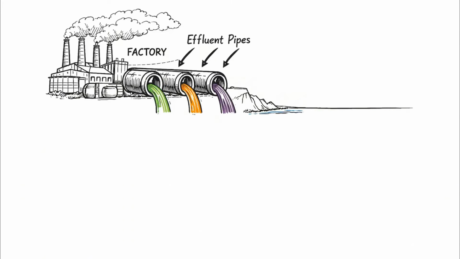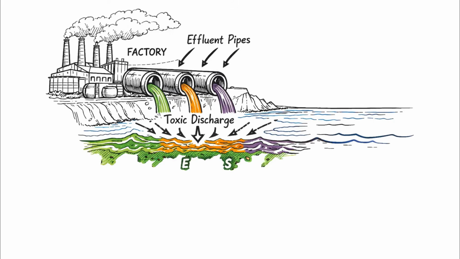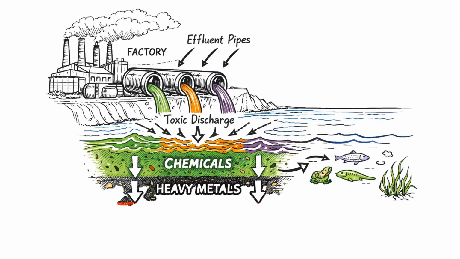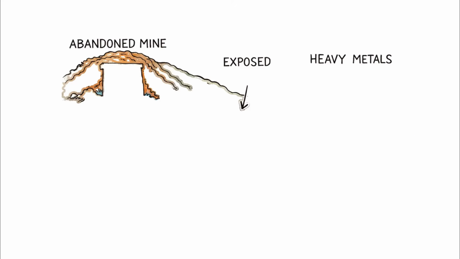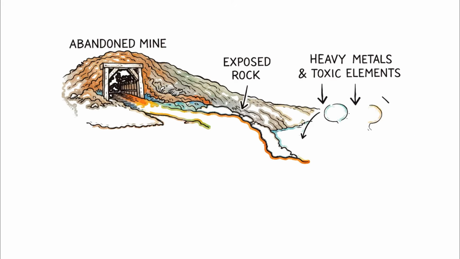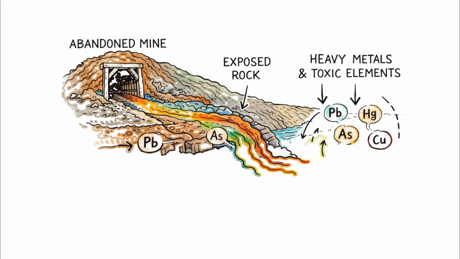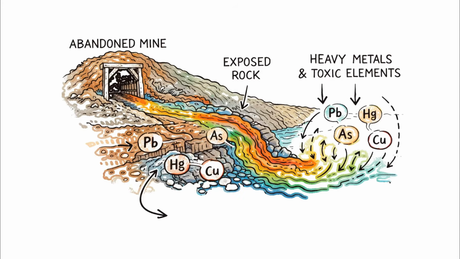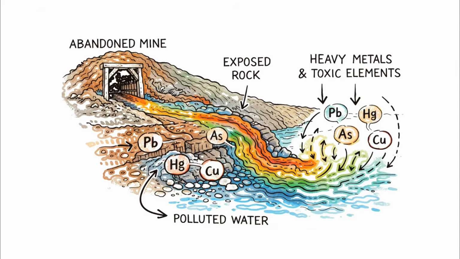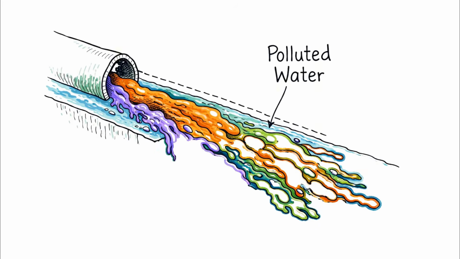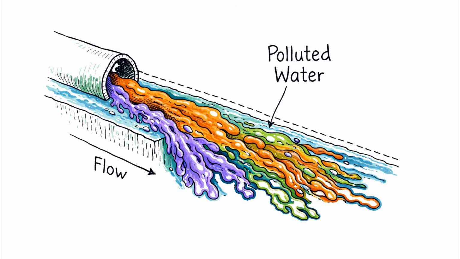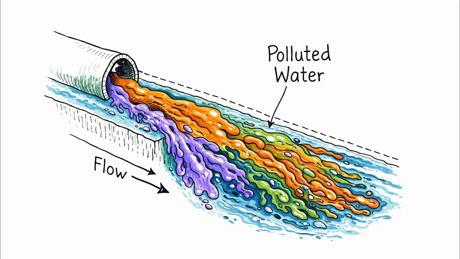Industrial factories, often strategically positioned along waterways, can discharge a complex cocktail of harmful chemicals directly into our shared aquatic ecosystems. Furthermore, abandoned mining operations significantly contribute to this problem, releasing heavy metals and other toxic substances from exposed rock formations into the water. These insidious pollutants, which you could imagine as a symbolic colored sludge, silently flow through our water systems, posing a serious and often overlooked danger.